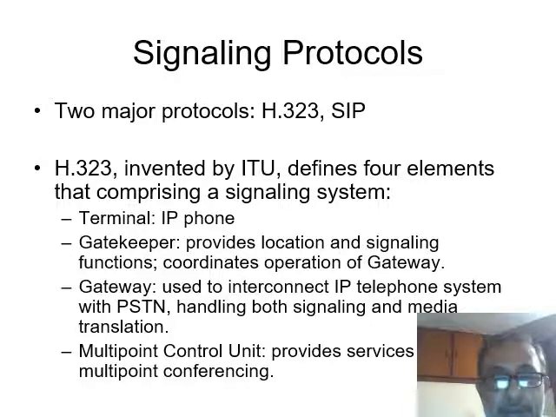These four elements are the terminal, which is the IP phone; the gatekeeper, which provides the location and signaling functions and coordinates the operation of a gateway; then the gateway, which is used to interconnect the IP phone with the PSTN. It is responsible for converting the IP packets into the PSTN format.